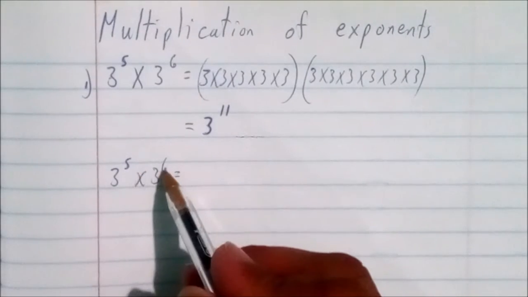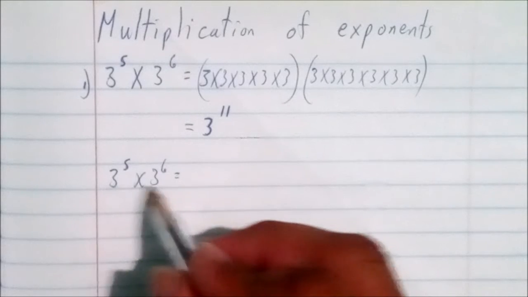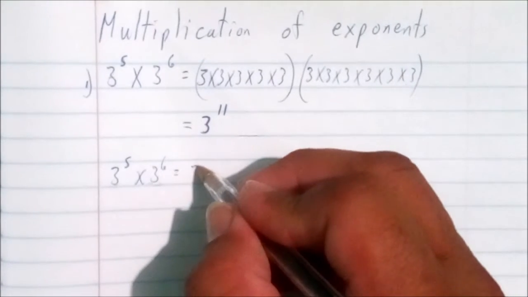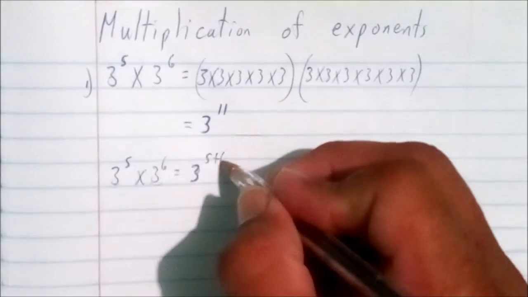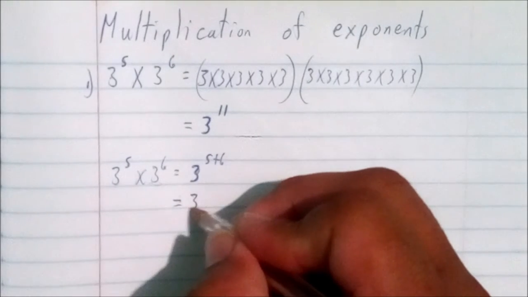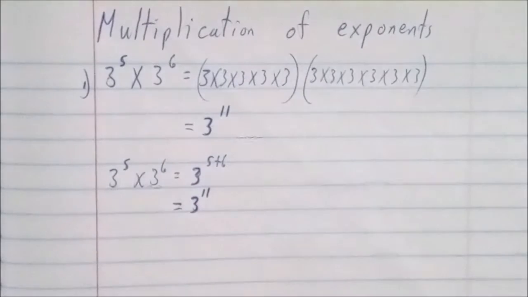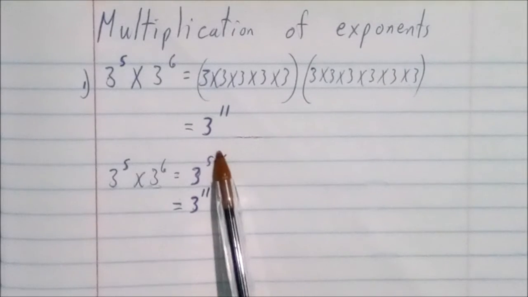Notice this 5 and the 6. Notice the base 3. Since we are multiplying two bases of the same value, we will keep the base and simply add their powers, which now gives us 3 to the 11th power.